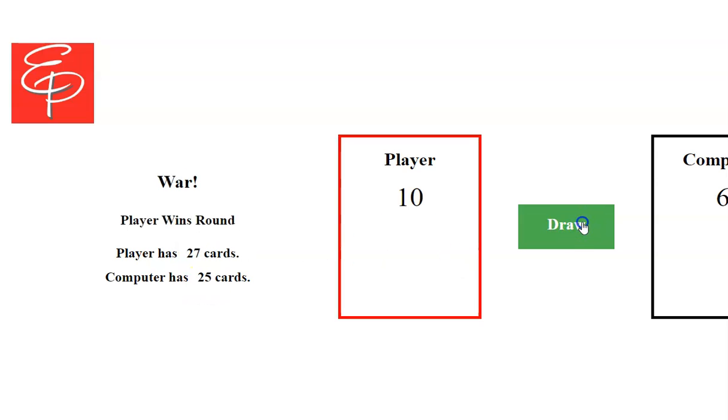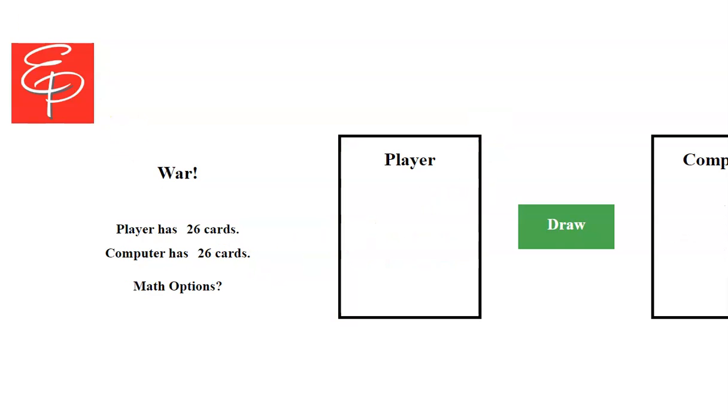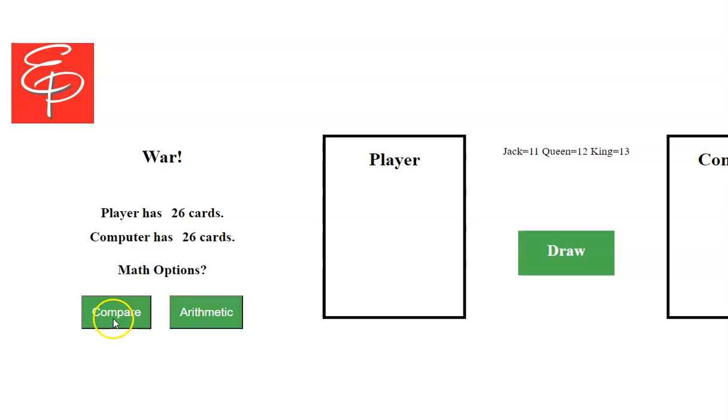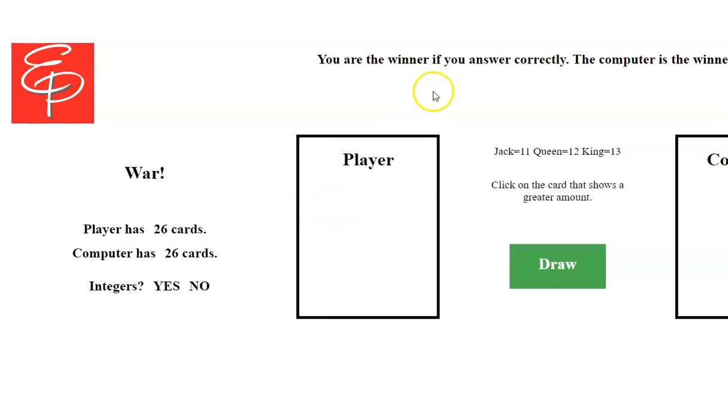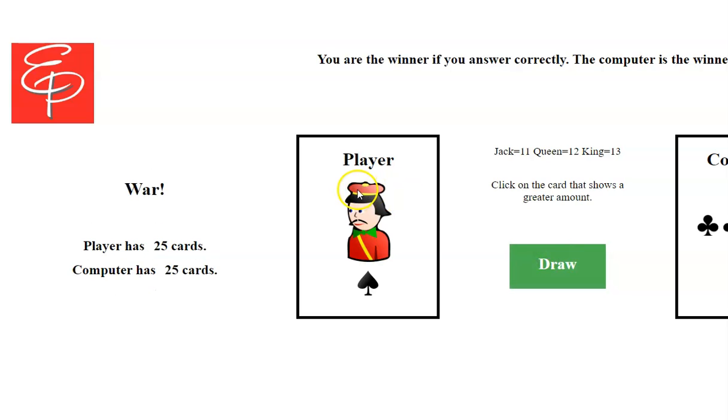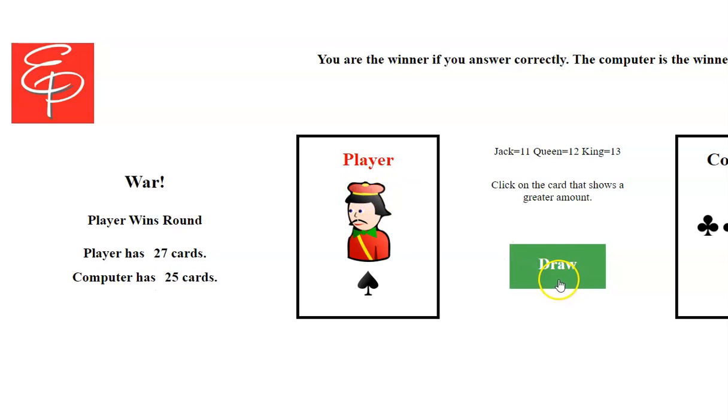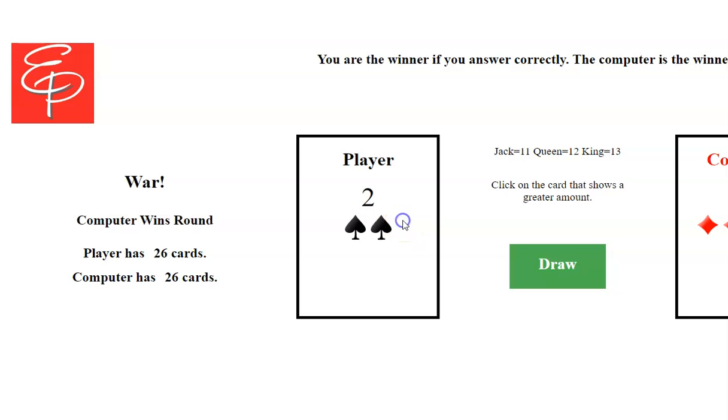Here, this is showing the winner, which card is greater. But when we have the math, if you get it right, then you're the winner, and if you get it wrong, the computer's the winner. Sorry, this is part of the screen.